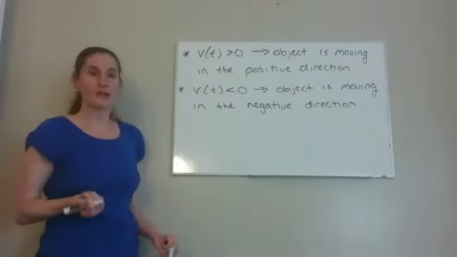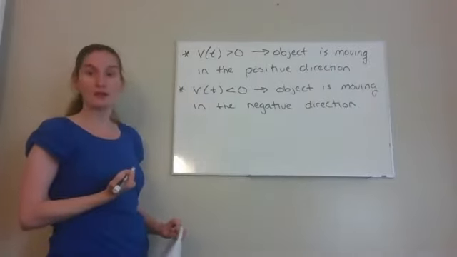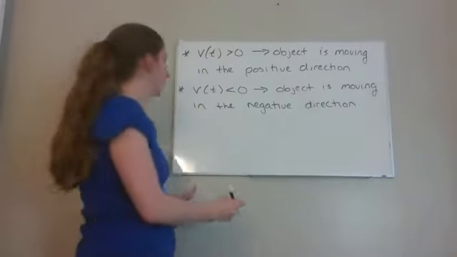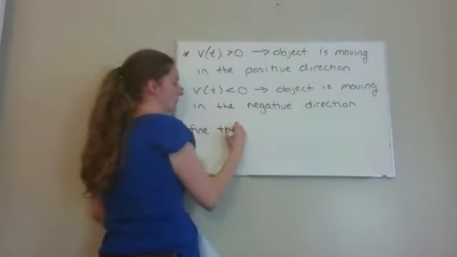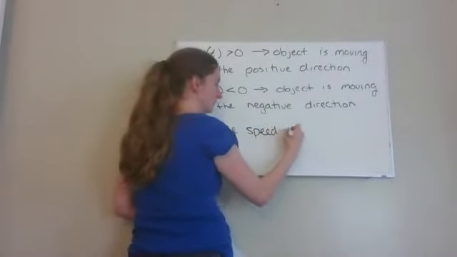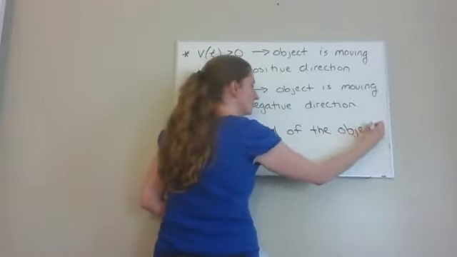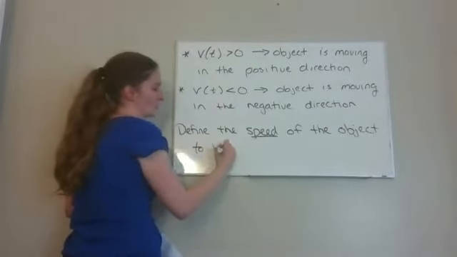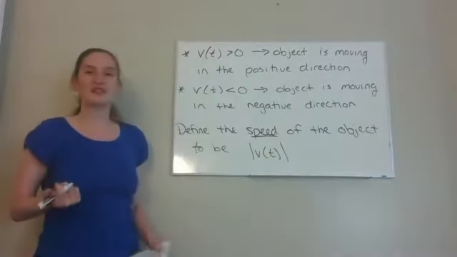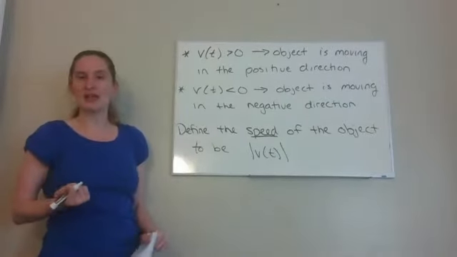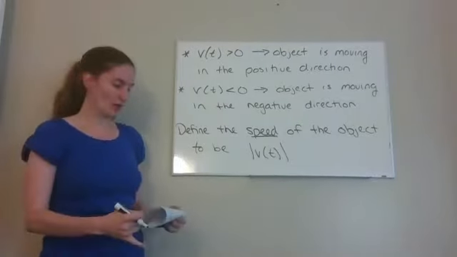And of course, when the velocity is zero, that just means that at that instant in time, the object's not moving anywhere. It's staying in place. So we are going to define the speed of the object to be the absolute value of the velocity function. So that will tell us just how fast the object is going, and it will obscure the information about what direction the object is moving in.